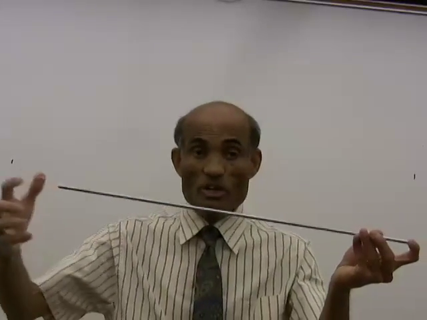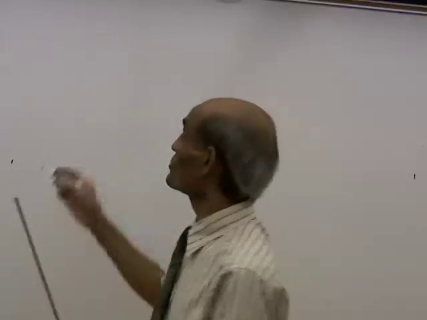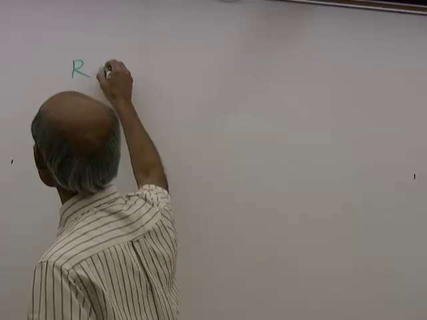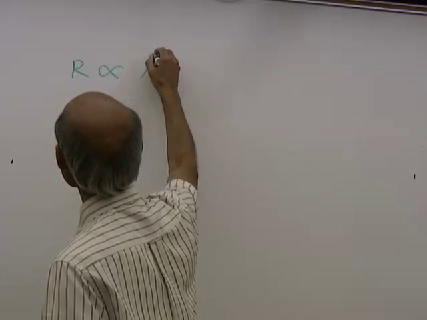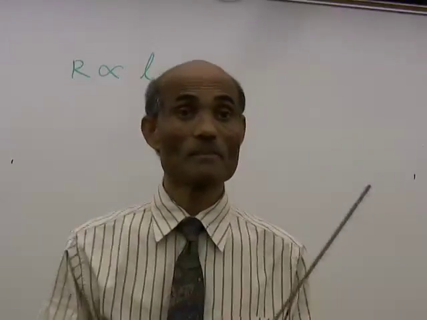If I increase the length, will it increase or decrease the resistance? Increasing the length will increase the resistance. So I can say resistance of a conductor will be directly proportional to its length.